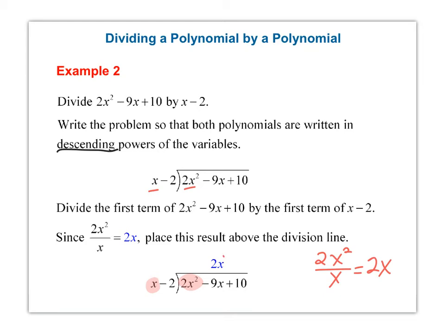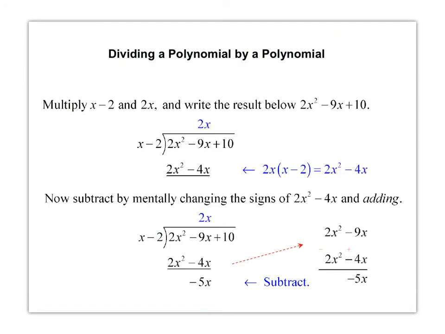Now we're going to multiply this 2x by what we divided by. So when we multiply 2x times what we divided by here, x minus 2, you multiply 2x times x and 2x times minus 2.